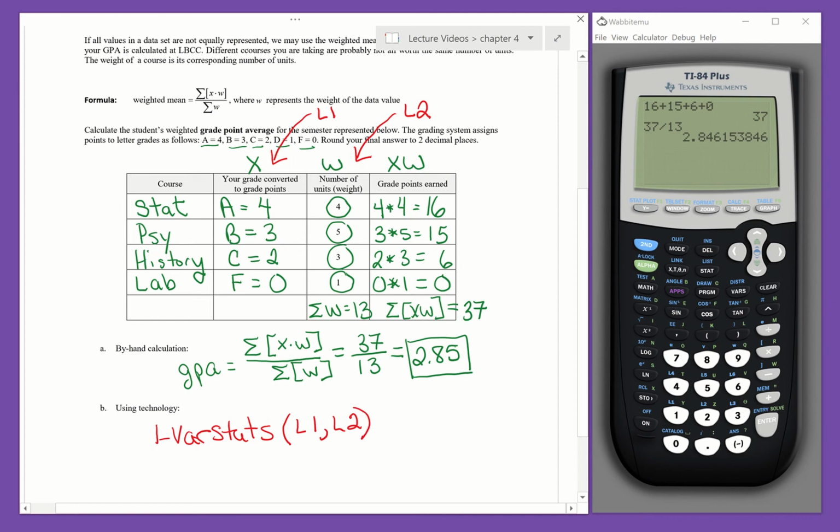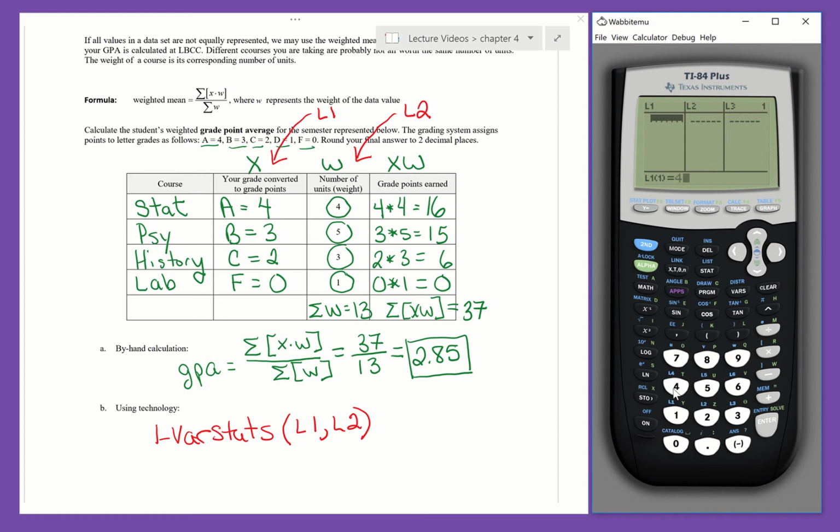So on our calculators, you can take a look and go to your stat button, so stat, and then enter for edit. I'm going to clear out these lists, so I'm going to arrow up, and you'll see L2 is darkened. Hit the clear button, and at the bottom it says L2 is blank. That's what I'd like, so hit enter. And then we'll do the same thing with L1. So we highlight it, hit clear, and enter.